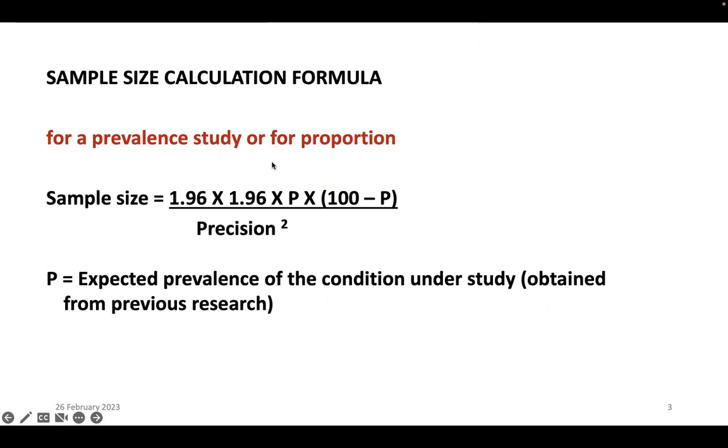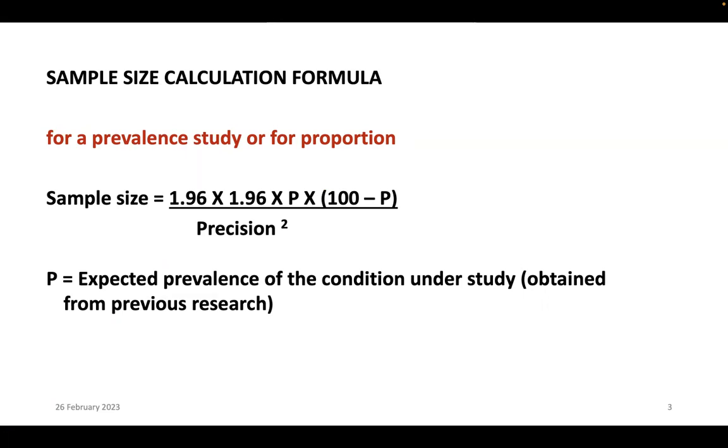So if you are looking for the prevalence of cardiovascular disorder or respiratory illness among village women, you have to get the P, that is the prevalence, from a previous study.